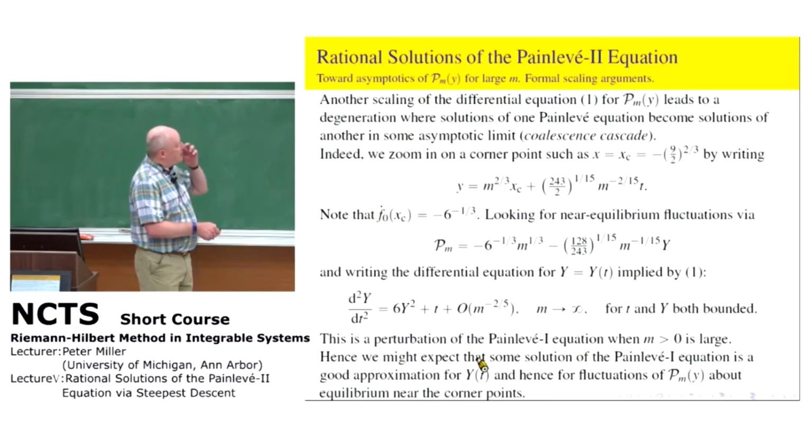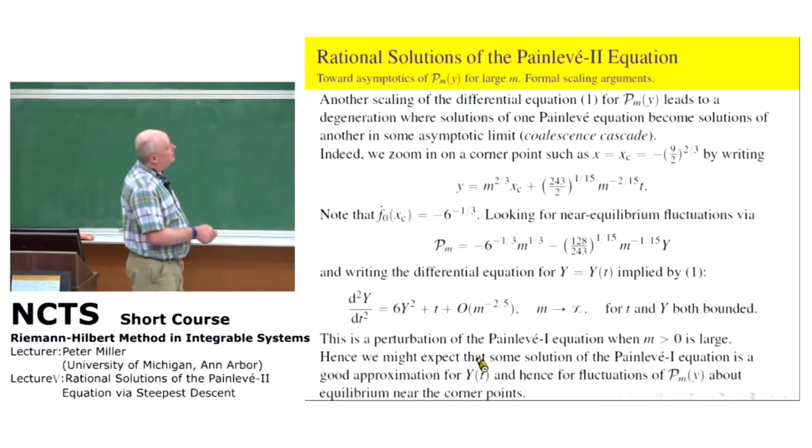So if I take these and just plug in, this is a mapping little y to little t, this is a mapping p into capital Y, and I plug them into the Pendulum 2 equation, then we get an equation for this capital Y as a function of t, and that equation is right here.